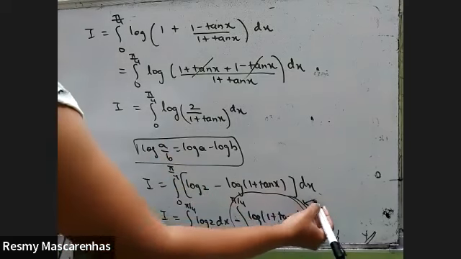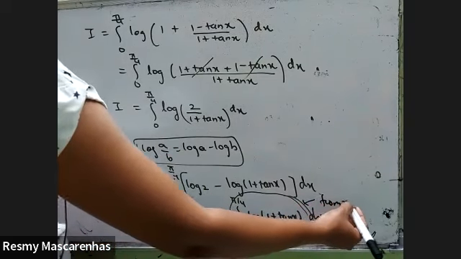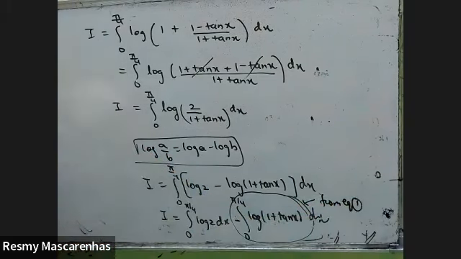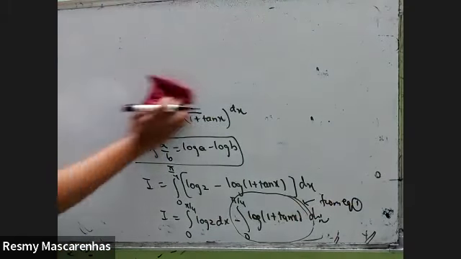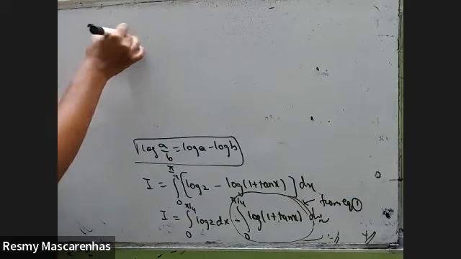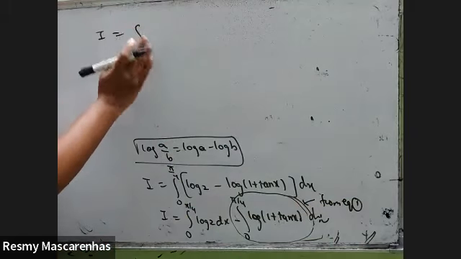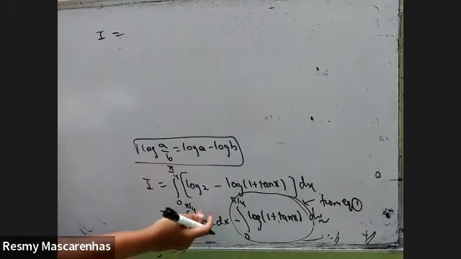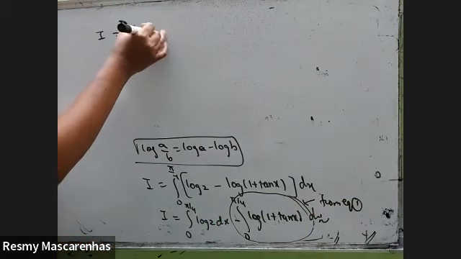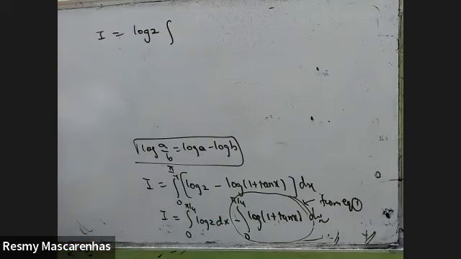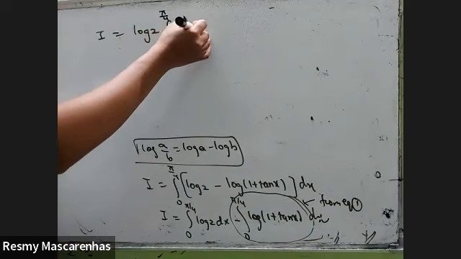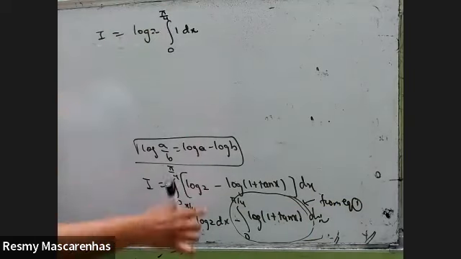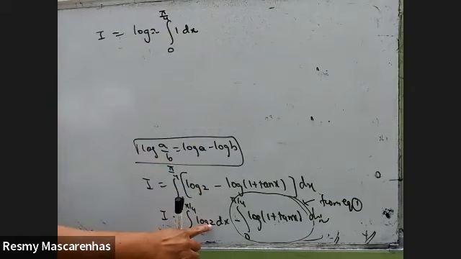So for equation 1, the value of log of this, I had assumed it to be I. And this log 2 is a pure number. So log 2 I can always remove out. If it was log x, I cannot take it out of the integral sign, but it is log 2, so I can always take it out.